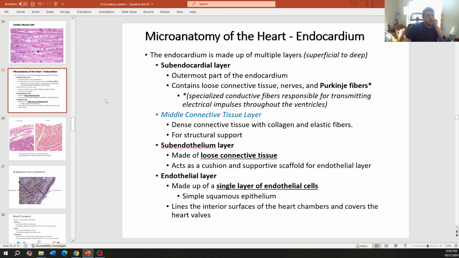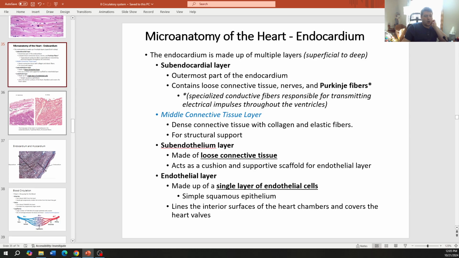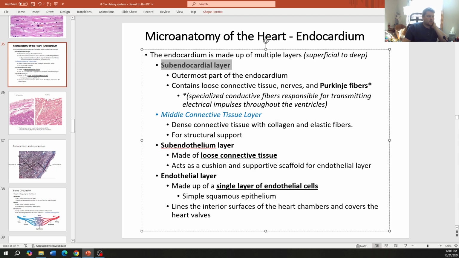We mentioned Purkinje fibers before when we were talking about the autorhythmic, or those pacemaker cells, those specialized cardiac muscle cells. The Purkinje fibers are specialized conductive fibers that are responsible for transmitting electrical impulses throughout the ventricles. Okay, so the subendocardial layer contains all of those.